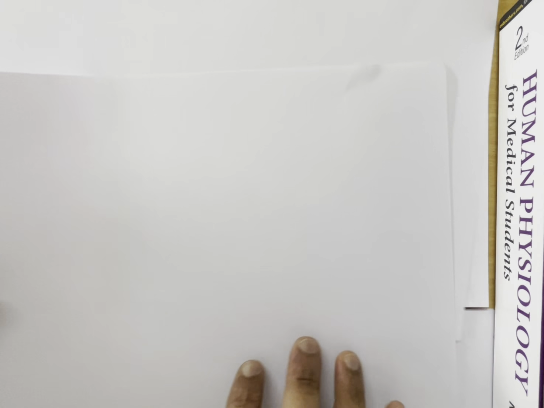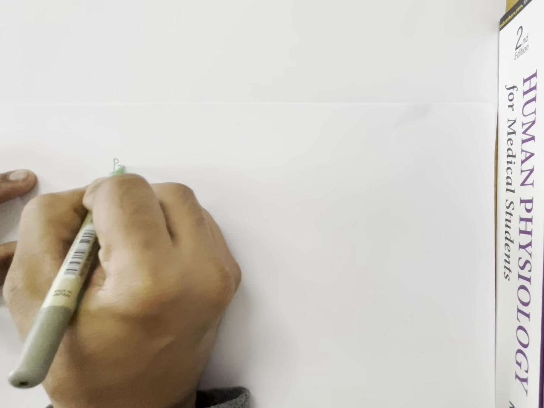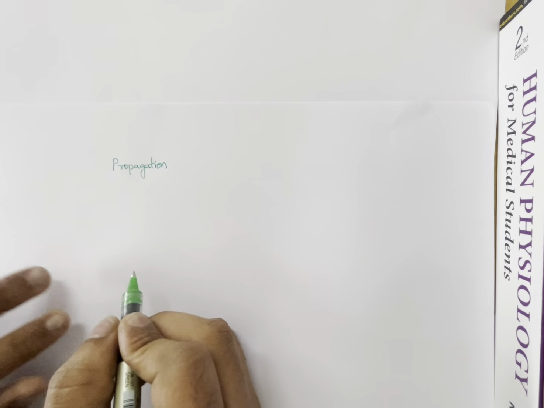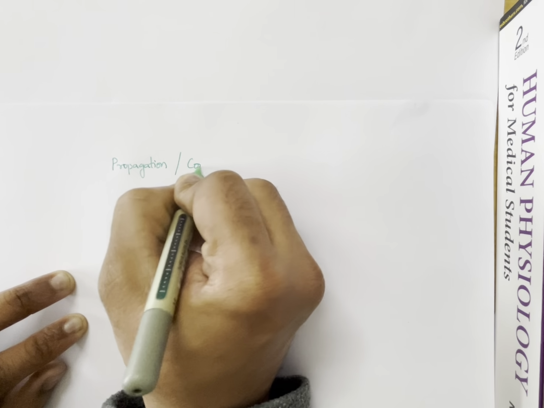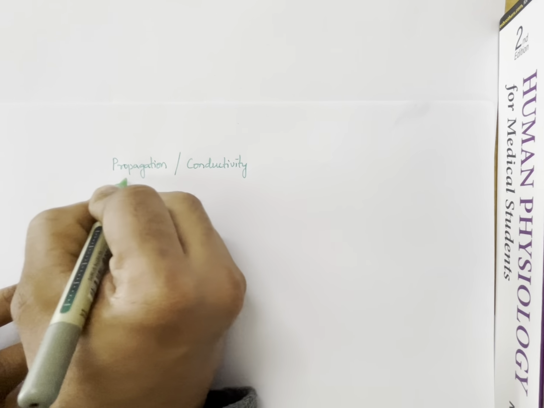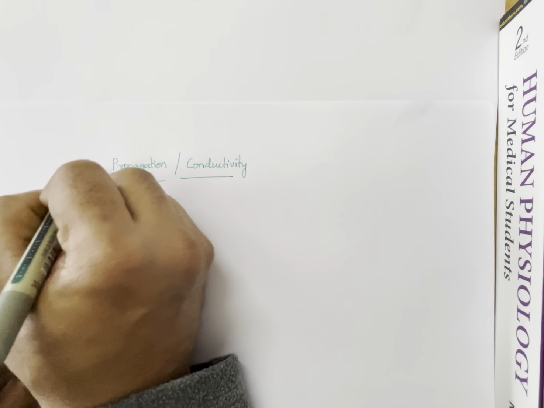Now we'll move to the next property, that is propagation of action potentials. How are action potentials propagated? Propagation or conductivity is the fourth property.